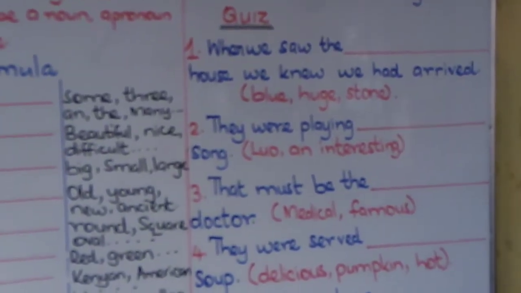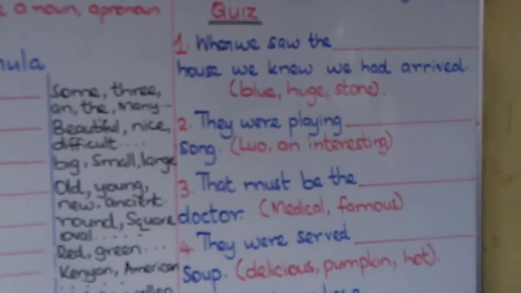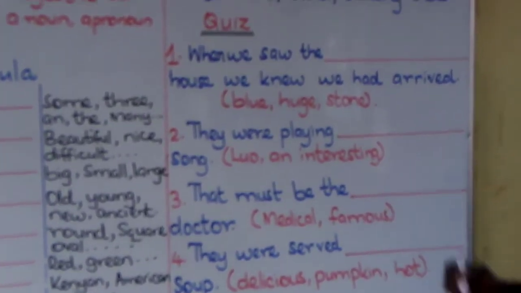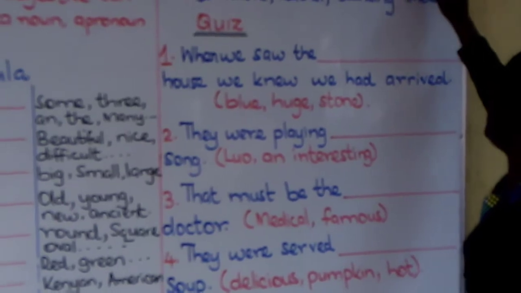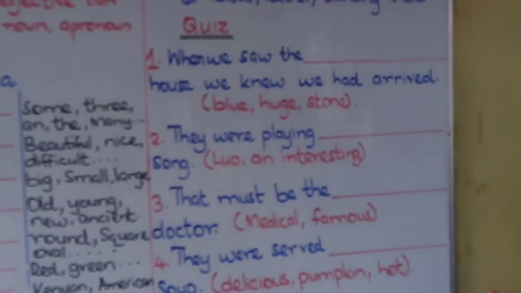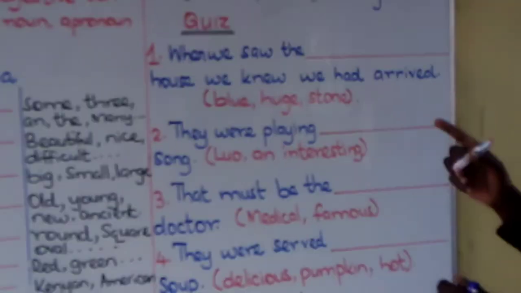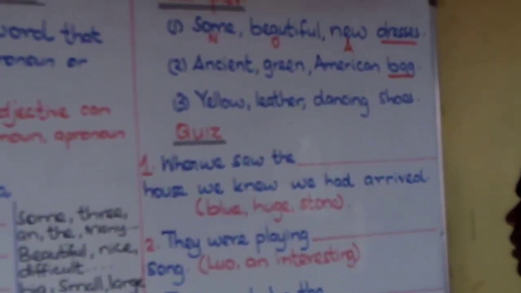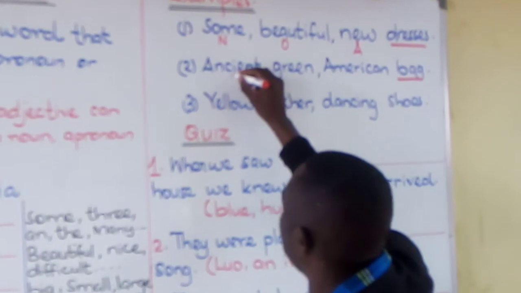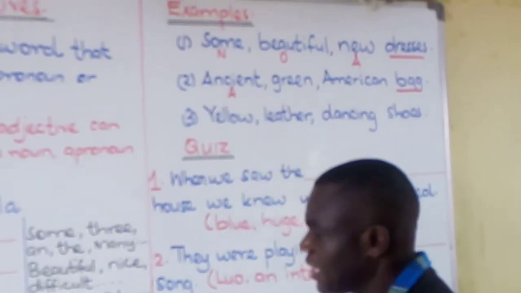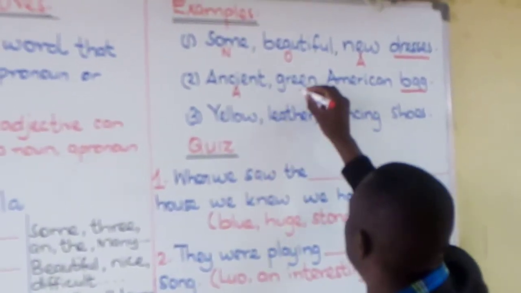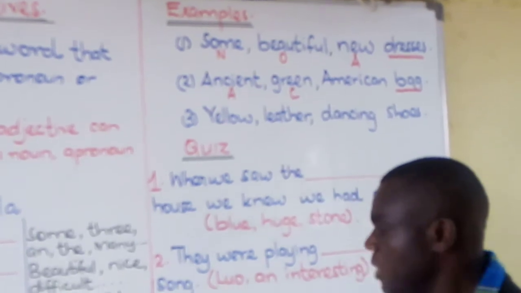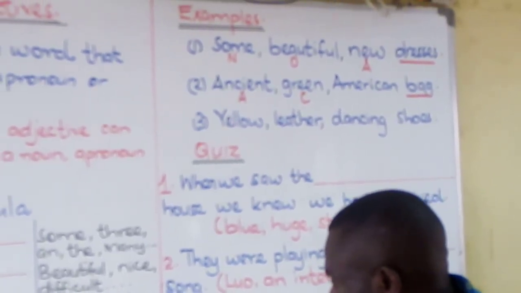Number 2, we've got ancient green American bug. Here, bug is the noun. Now let's locate ancient in this. Ancient is age. Now age comes here. Green is color. Then American. American, where is American?